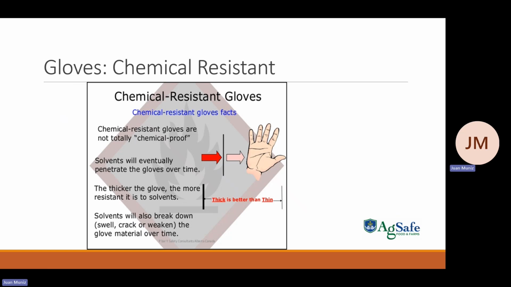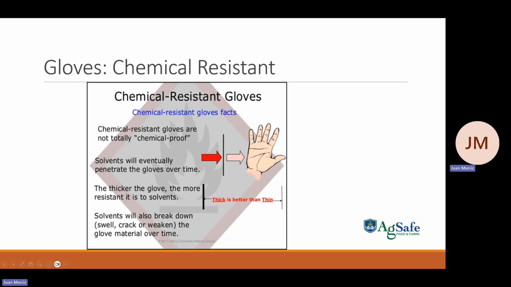So the longer that chemical resistant glove is exposed to that product, that pesticide, depending on its composition, it will start to penetrate, or in some cases, break down the glove. Okay, so the thicker the glove, the more resistant it is to solvents. And that is why you have those specific thicknesses depending on the material types.